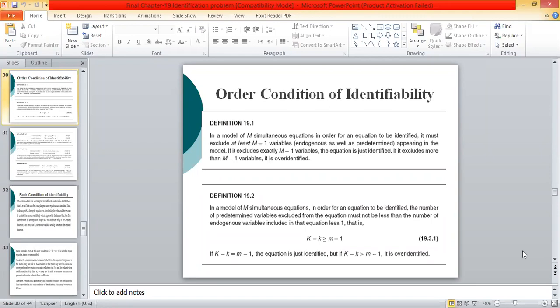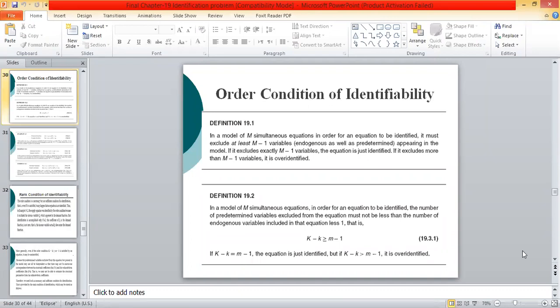This is one definition, much easier to apply. Simply calculate the total number of variables in the model, which includes the endogenous variables as well as predetermined variables, and then calculate the number of variables in the given equation.